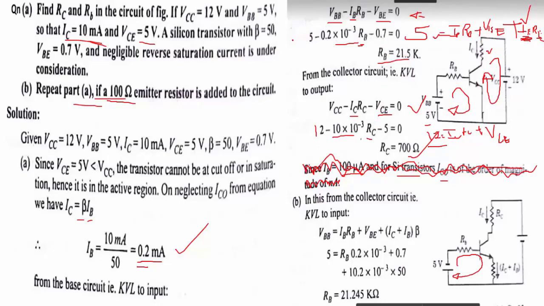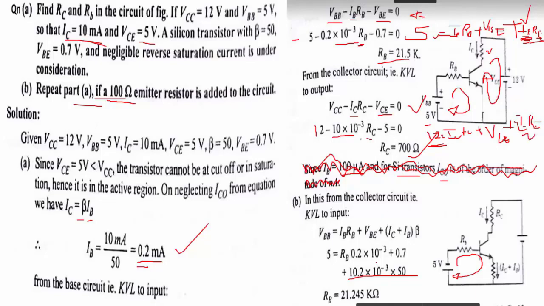Ni kwamba hapa kutakuwa na minus product ya IE times RE. Sawa. So finally everything remains the same, only kinachoongezeka ni hicho. So same to here, kitakachoongezeka hapa ni sababu tunatumia hii circuit, hii loop, tunaanza 12 is equal to IC RC plus VCE plus IE RE.